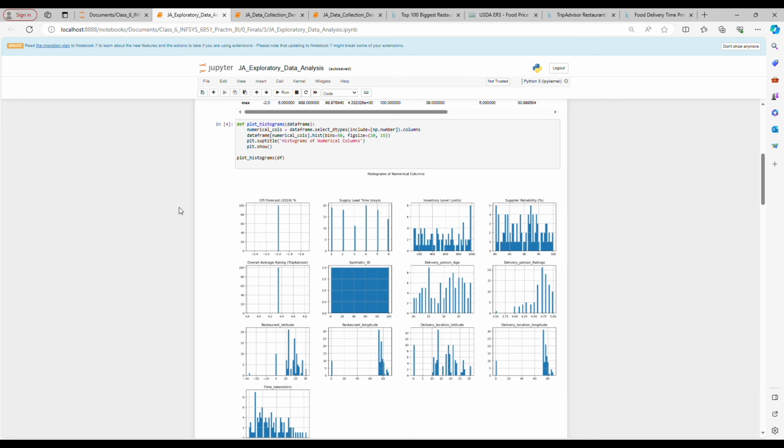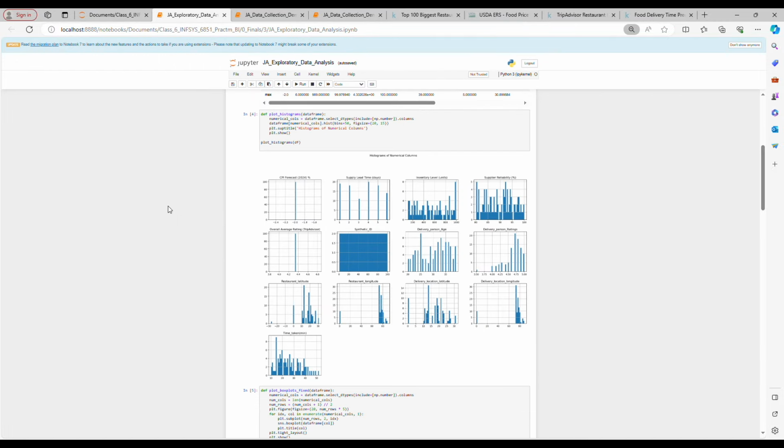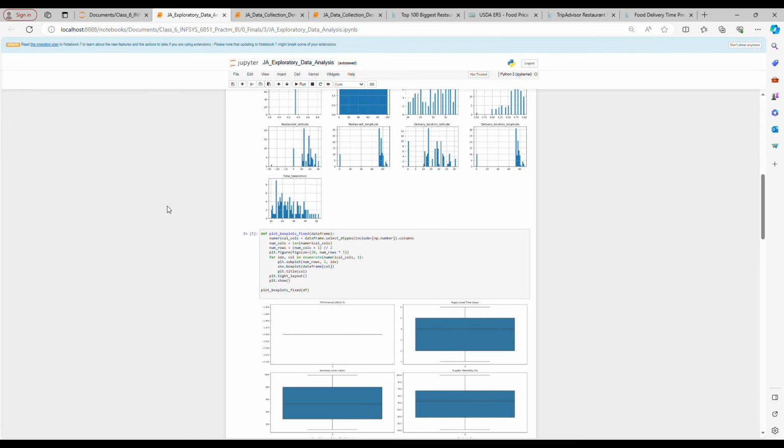The box plots help in visualizing potential outliers. Data points outside the whiskers can be considered outliers. The box basically represents the interquartile range where 50% of the data lies, and the line inside the box represents the median of the data.